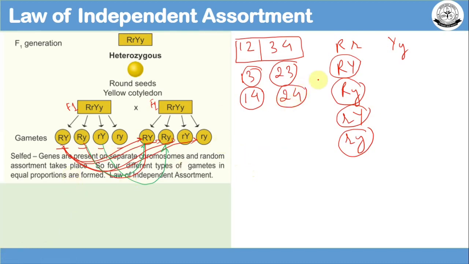Let me write one more time here. So we have, right, this is the 4 combinations. Similarly, for parent 2 also, we make these 4 combinations.